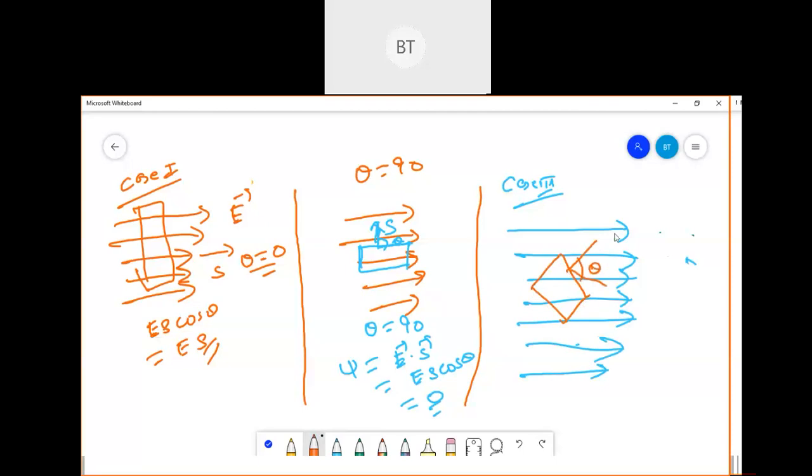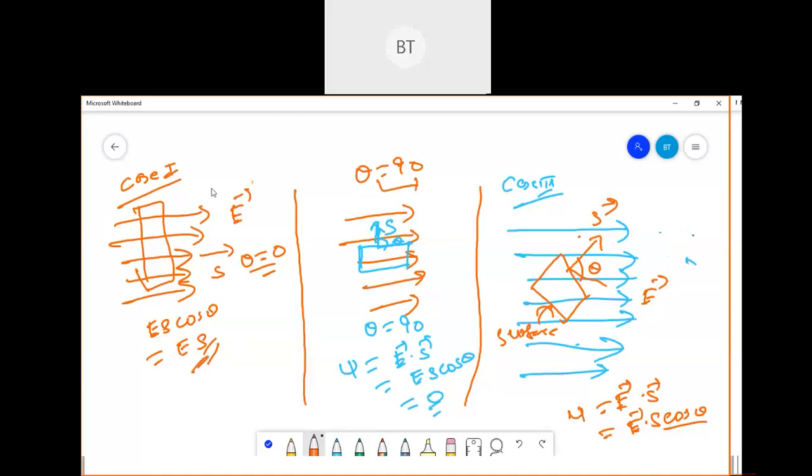This is our S vector, and this is our E vector. So what I will write here is epsilon naught, that is E dot S, and whatever angle it is making, we'll write ES cos theta. So see, whenever you increase the value of theta, the electric flux decreases here.